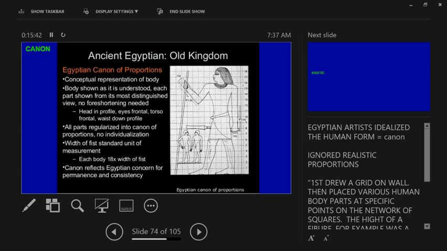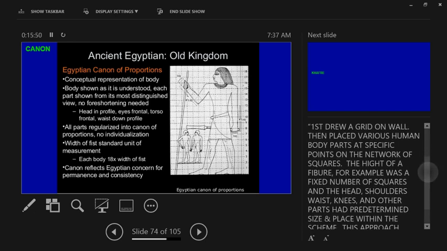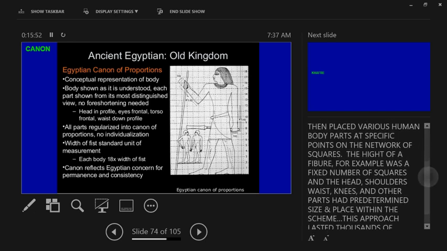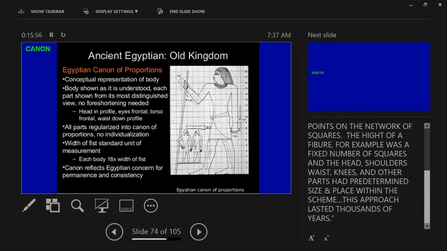So Egyptian artists idealized the human form, they ignored realistic proportions, and they first drew a grid on the wall. Then they placed various human body parts at specific points on the network of squares. The height of the figure, for example, was a fixed number of squares, and the head, shoulders, knees, waist, and other parts were predetermined size and place within that scheme.